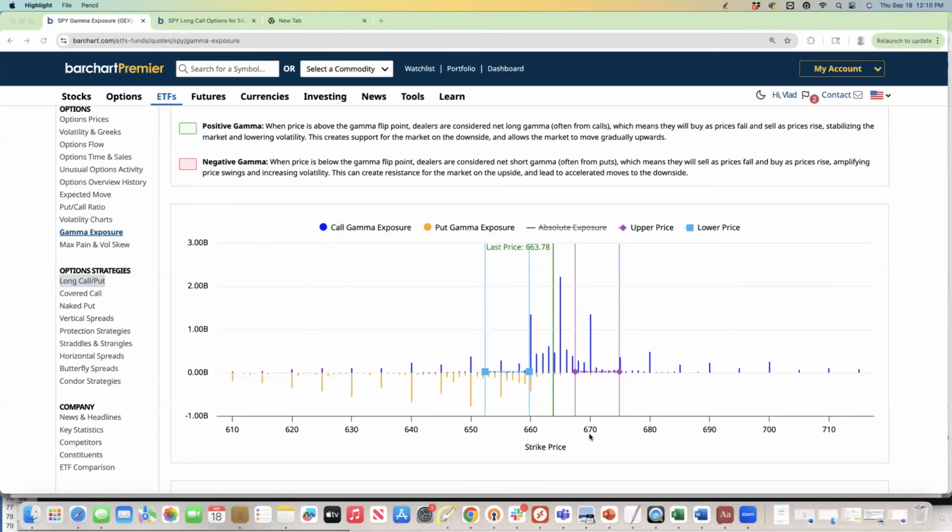So I can see that the short-term trend is to the upside, the medium-term trend is to the upside, assuming there are no events, like a Fed decision or escalation in tariffs. So 665 is your resistance number one, 670 is resistance number two.